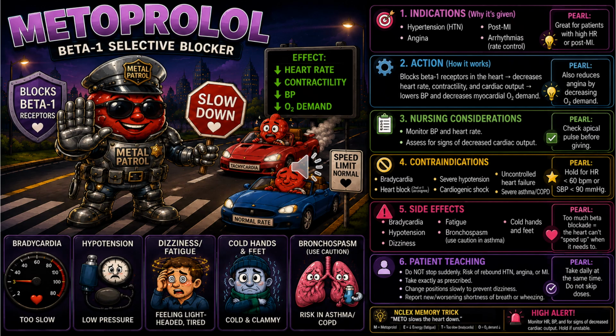You have a car that's red, it says tachycardia on it, and he has to slow down. Then you have somebody at a normal rate who's able to pass easily. So we're slowing down the heart rate, decreasing the blood pressure, decreasing the contractility of the heart, and that decreases the demand for oxygen.